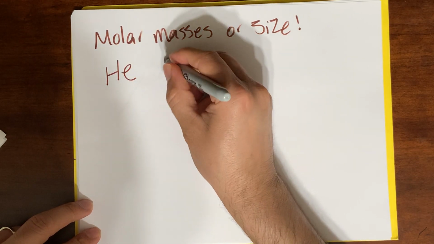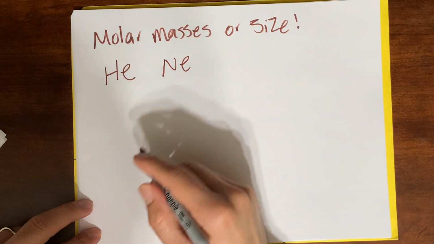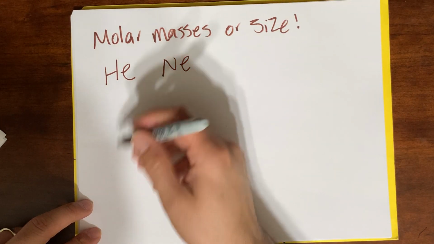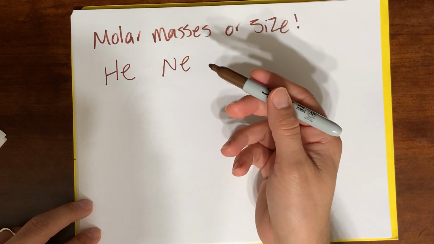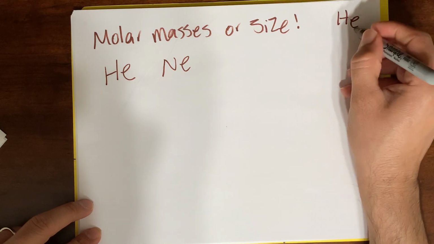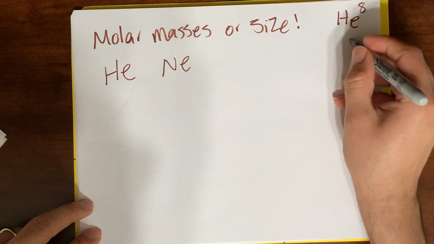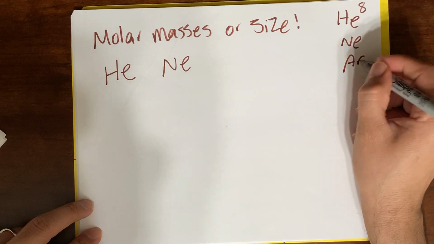I want to compare it with neon. I know when we go down in one group, size increases. So in group 8, we have helium, then neon, then argon.